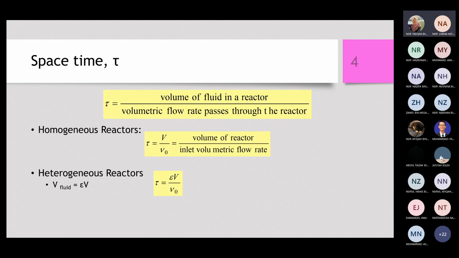And that for homogeneous reactor, space-time equal to volume of reactor divide with volumetric flow rate. For heterogeneous reactor, we need to include the void fraction. So epsilon void fraction multiply with the volume of reactor divide with the volumetric flow rate. Okay, V here is volume of reactor, VR. Yang ni pun VR.